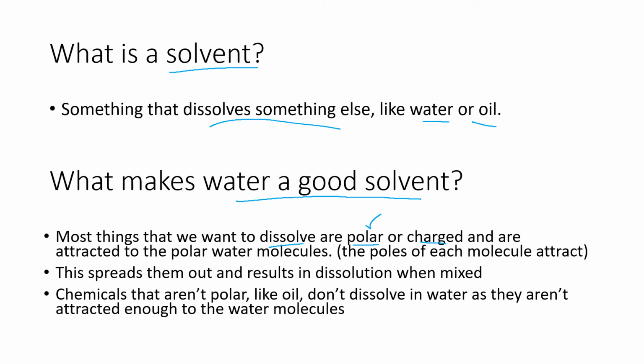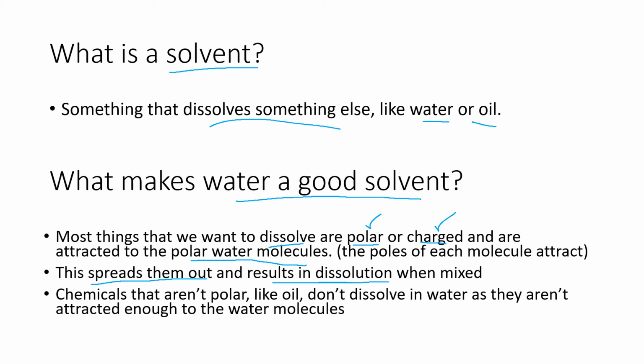Those are all polar. Things that dissolve into charges are things like potassium, sodium, salt, things like that form charges. And anything that is polar or has charges like that is attracted to the poles of the polar water molecules. So those charges attract just like little magnets, and that allows all of these things to spread out. And when things spread out in a liquid, that is forming a solution.